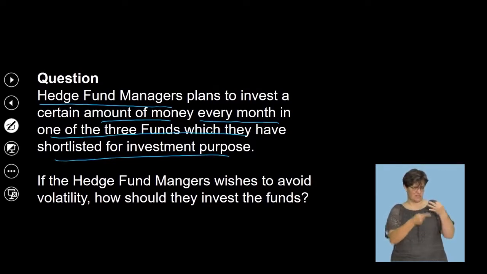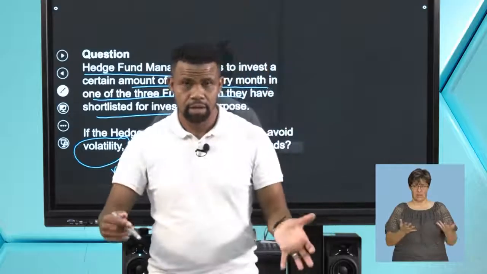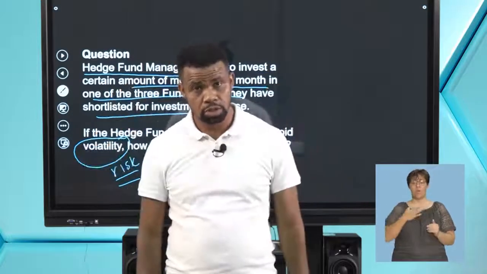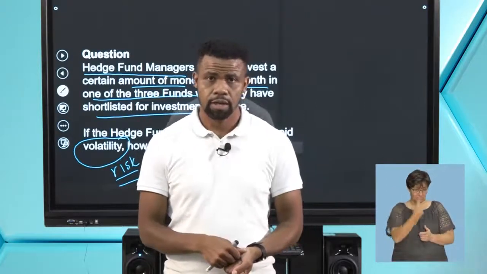Okay. So if the hedge fund manager wishes to avoid volatility, remember volatility, we're talking about risk. There is no free lunch. There will be a risk. But we want to reduce the chances of losing the funds. Are we all together? Okay.